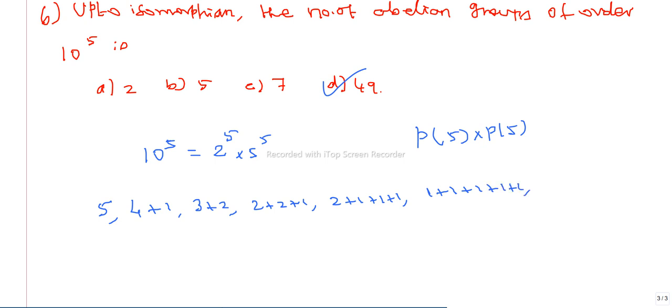And then, what is the other possible? 2 2 1, 1 2 3 4 5 6. I think I missed one. What is that? 5, 4 plus 1 or 1 plus 4, anything, 3 plus 2.